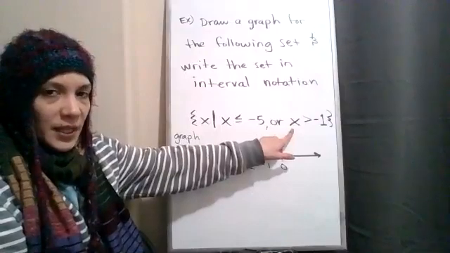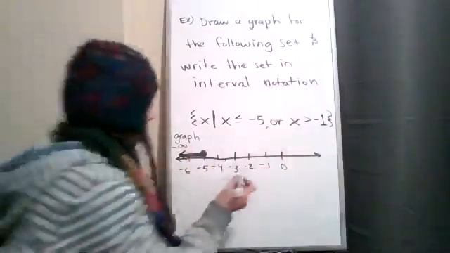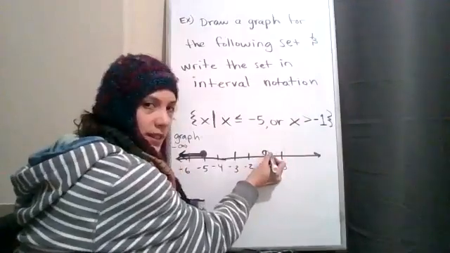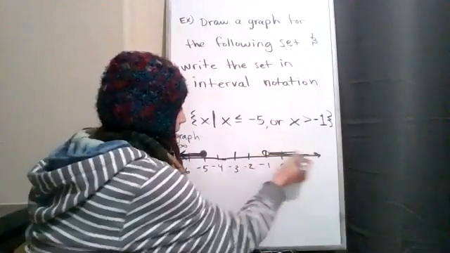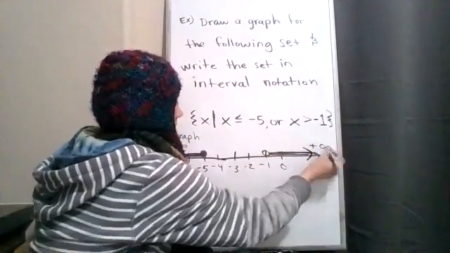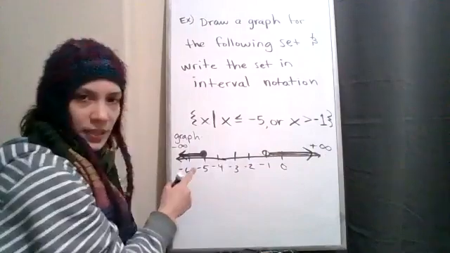So open circle on negative 1 and values that are greater than negative 1, like 0 is greater than negative 1. Any positive number is greater than negative 1. So we're going to go this way towards positive infinity. And that's it for the graph.